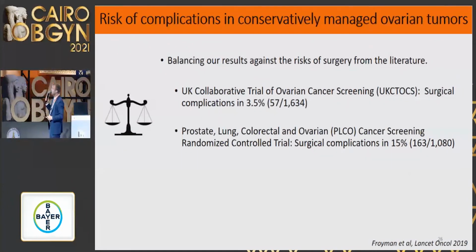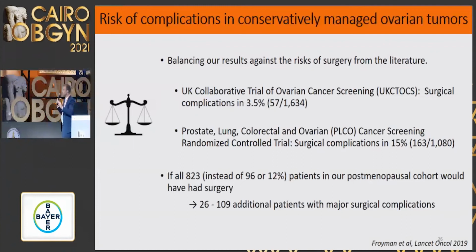Then you can look at some large trials in ovarian cancer screening, and you see a risk of surgical complications ranging from 3.5%, and I'm talking about major complications, so bowel leakage, major adhesions, bleeding, organ lesions, up to 15% in the PLCO trial. So if you would do surgery in your patients, you will have major complications.